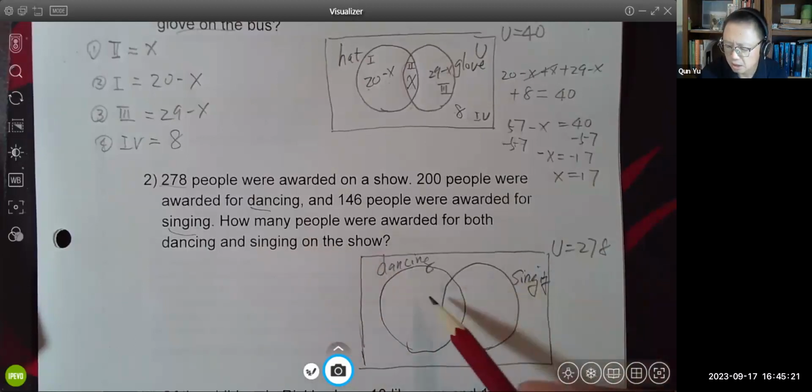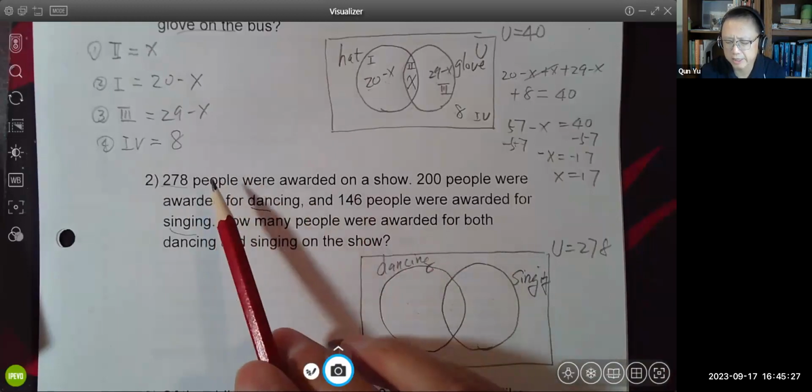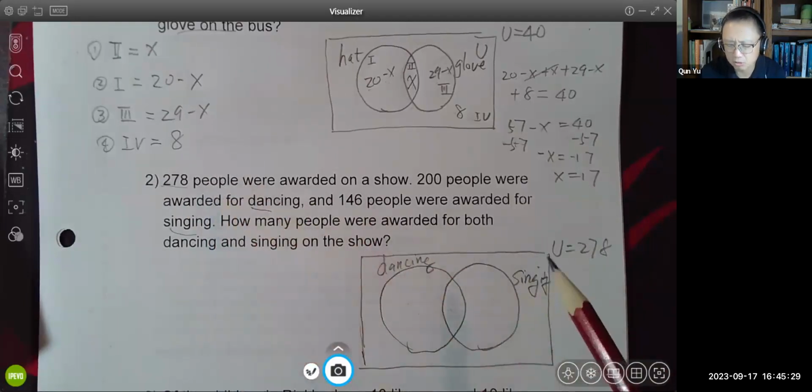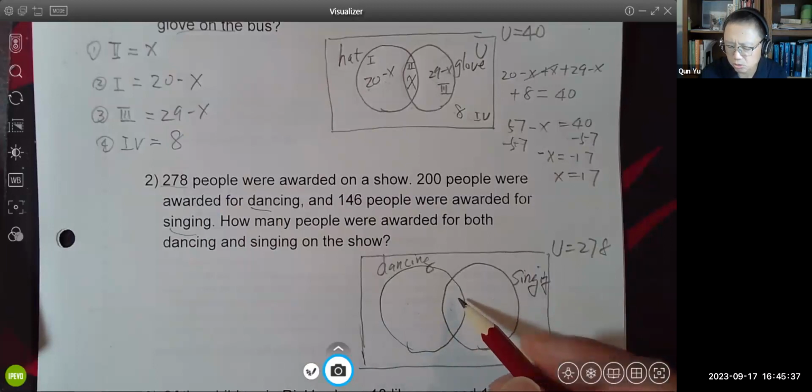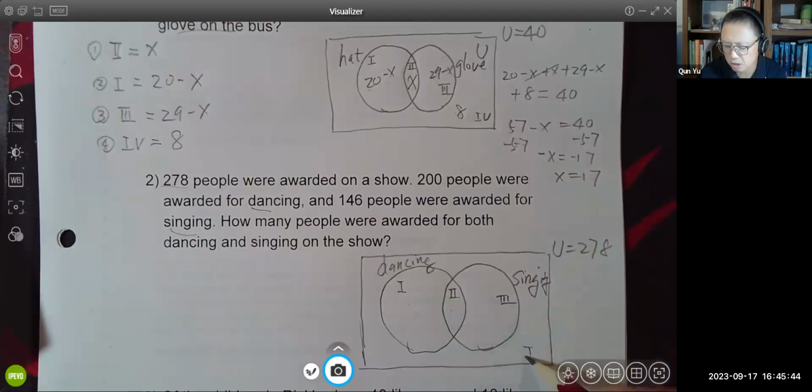That means all of the 3 regions add together in the end will be 278 because these 278 are all we have. They all were awarded, but they got awarded for different things. One is dancing, one is singing, right? So as usual, we identify the regions, number 1, number 2, number 3, number 4.